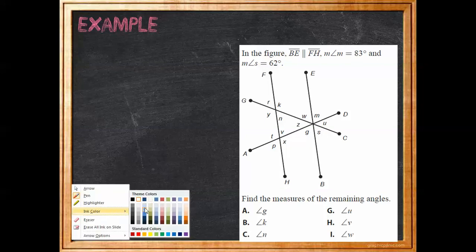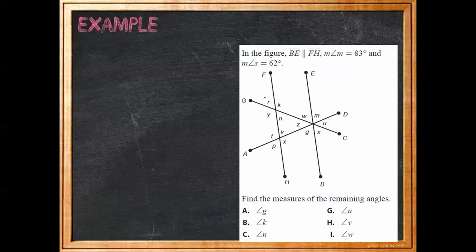All right, so first of all, let's look at what our problem gives us. It says that BE is parallel to FH, and the measure of angle M is 83 degrees, and the measure of angle S is 62 degrees. The first one that it asks us for is the measure of angle G, which is this one right here.